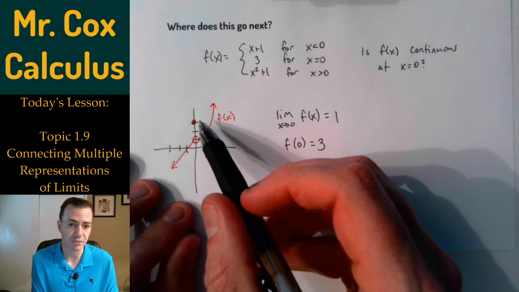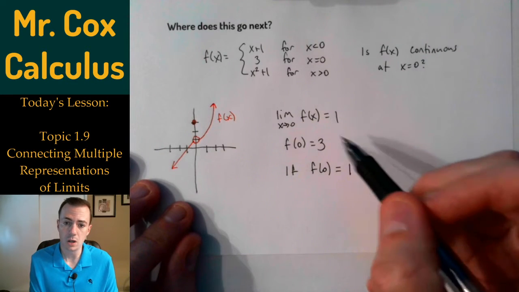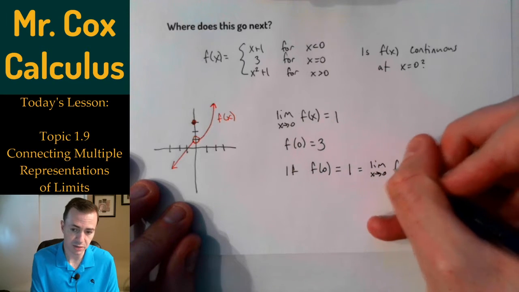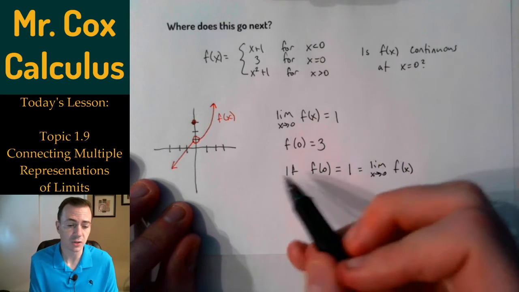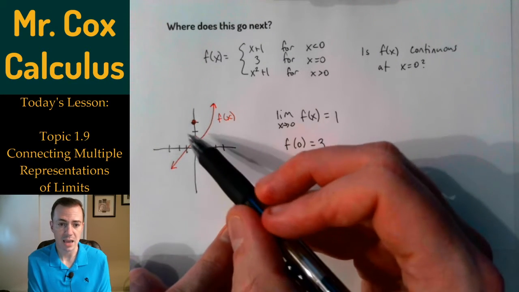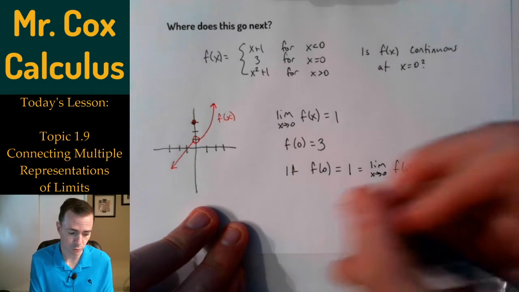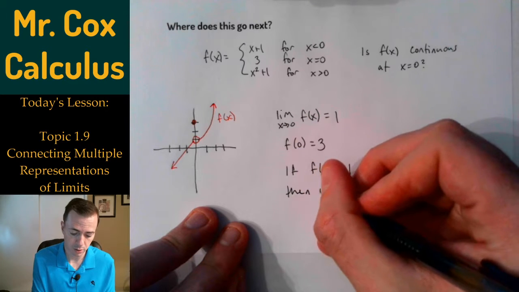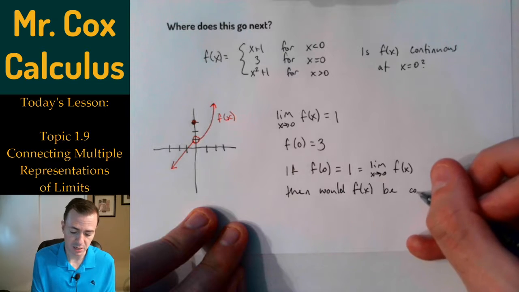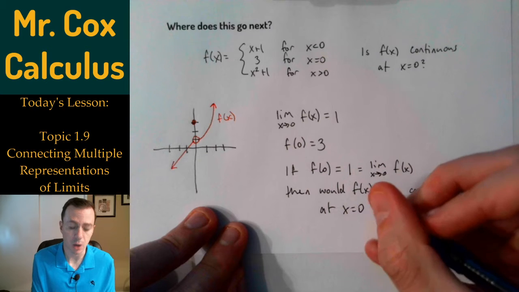Let's say that we took f of 0 and brought it down here and said it was equal to 1. Well, all of a sudden, that now equals the limit as x approaches 0 of f of x. So if this were true, and really this is me just taking this point and moving it down to 0, 1, then would f of x be continuous at x equals 0?